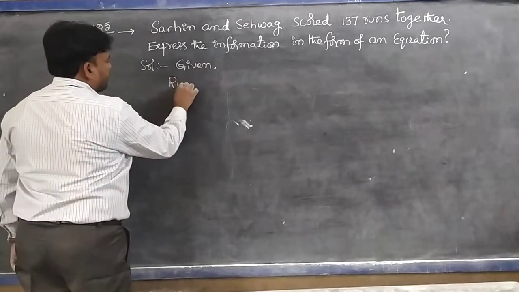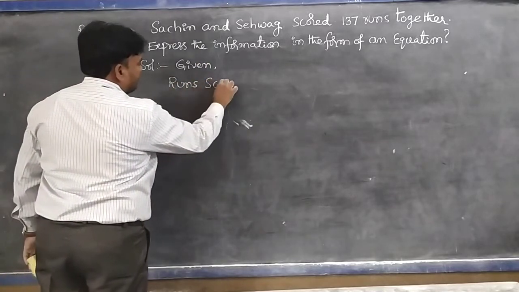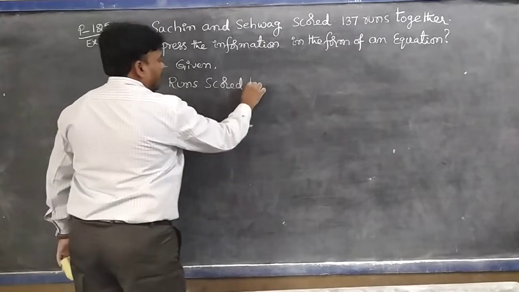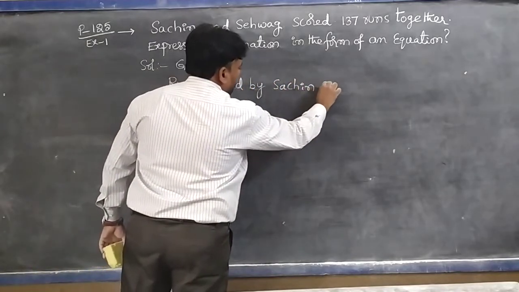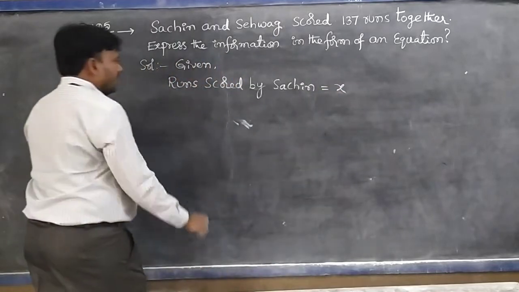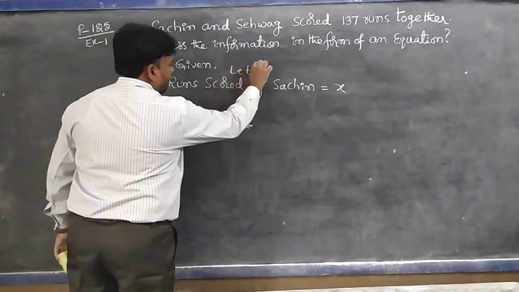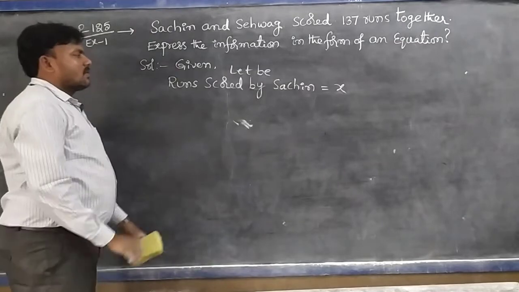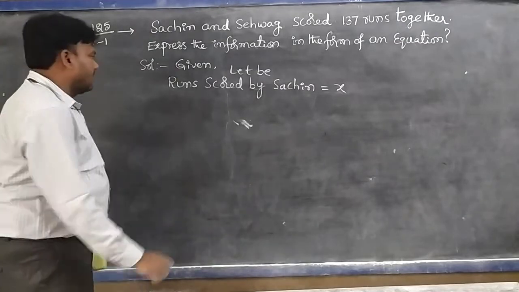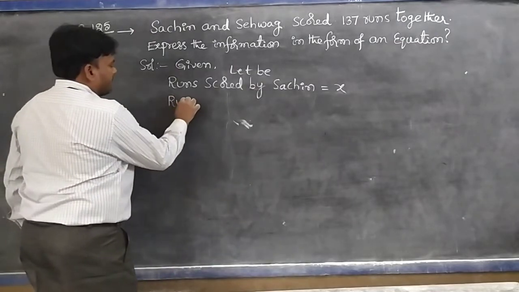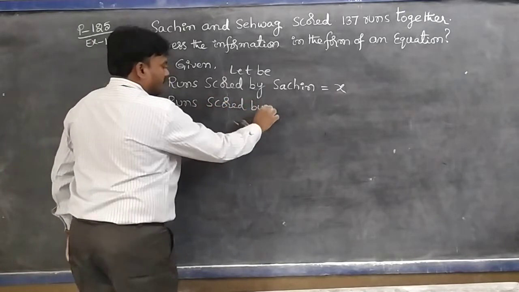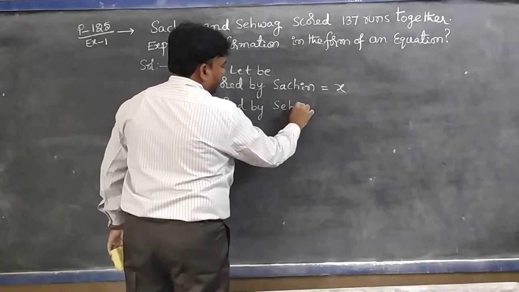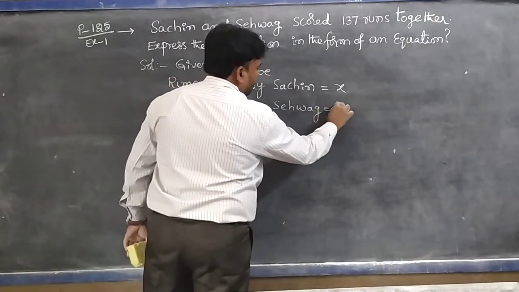Runs scored by Sachin, let me consider x. Runs scored by Sachin equal to x. Next, runs scored by Sehwag equal to y.